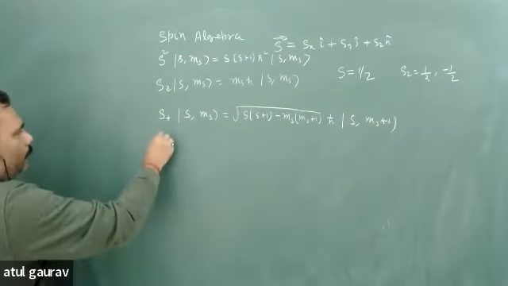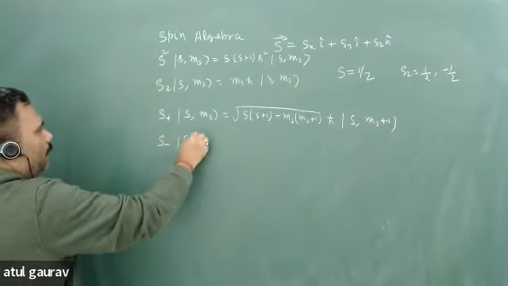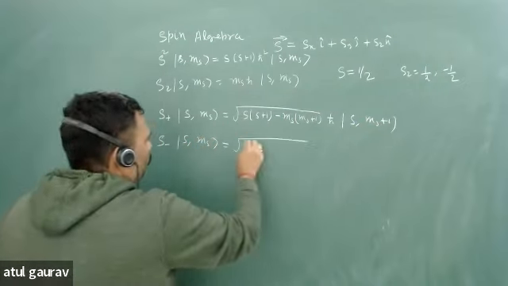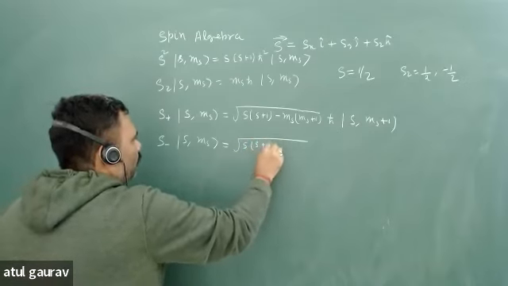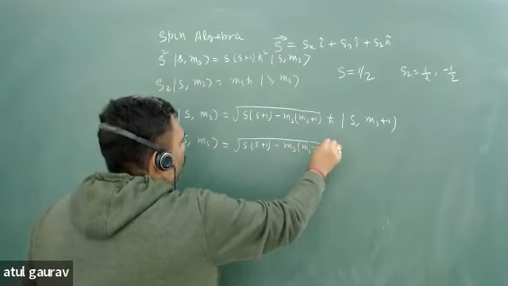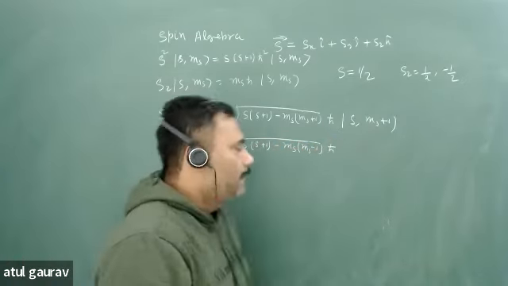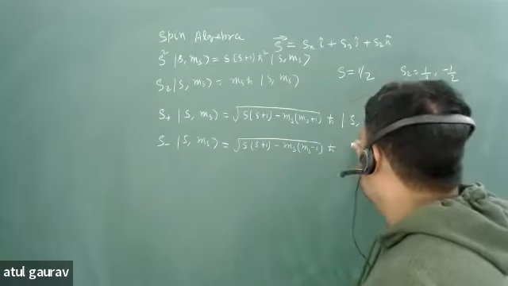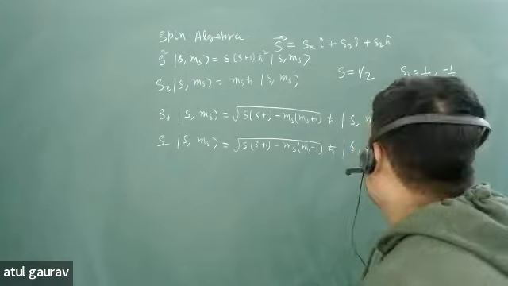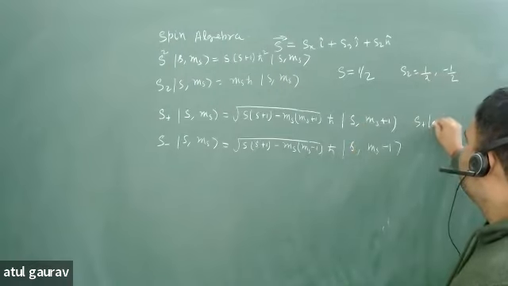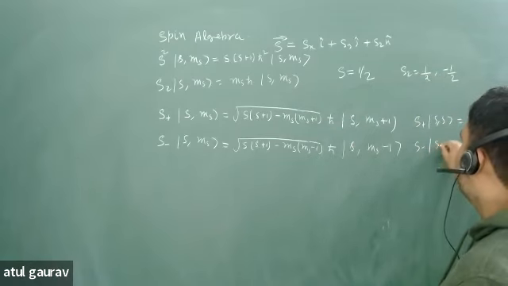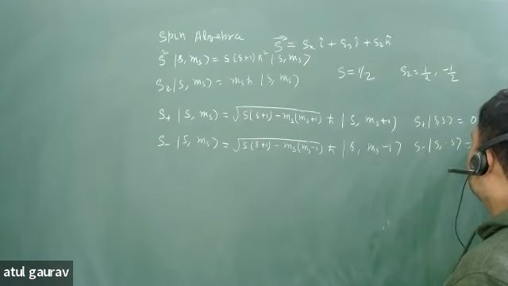Similarly we have S minus on S, MS, and this value is equal to root of S plus 1 minus MS minus 1, ħ, and we have basically S and MS minus 1. Similarly S plus on S, S will be 0, and S minus on S, minus S will also be 0.